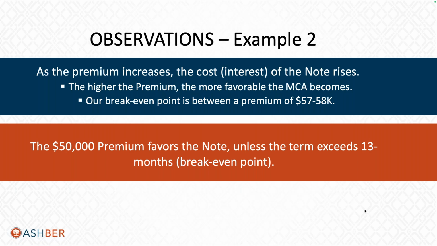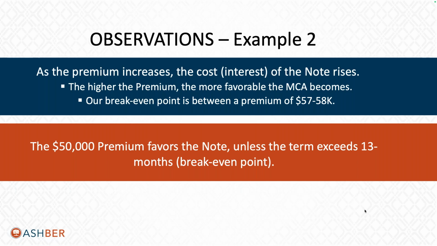The break-even point for the premium on a 12-month annuity is around $57,000. So it doesn't take much more than the $50,000 in this scenario to get to a break-even point where the annuity becomes more cost-effective. And then lastly, with the $50,000 premium, if we did a term of 13 months or more, that would be the break-even point where the annuity potentially becomes more advantageous.